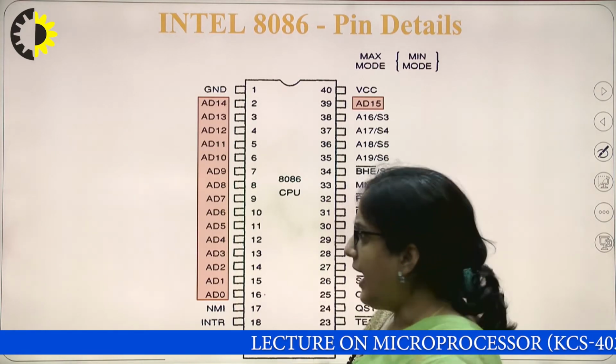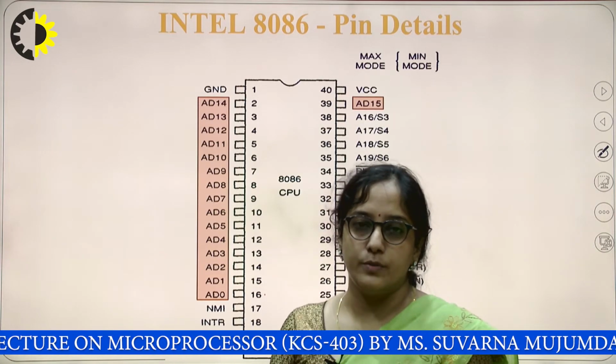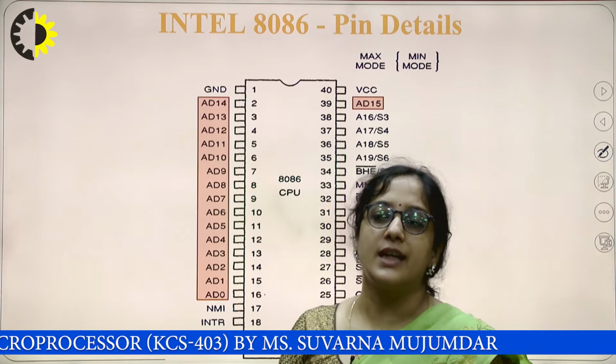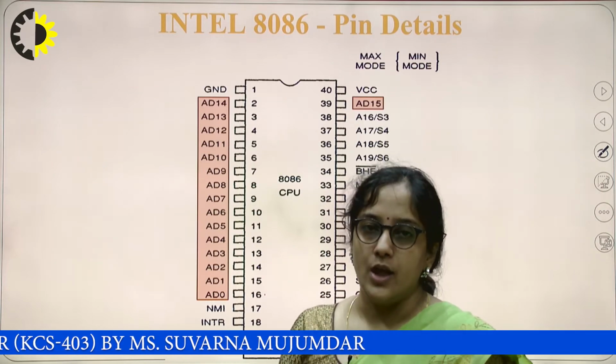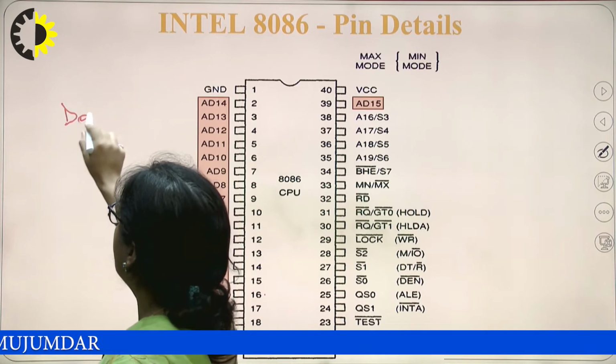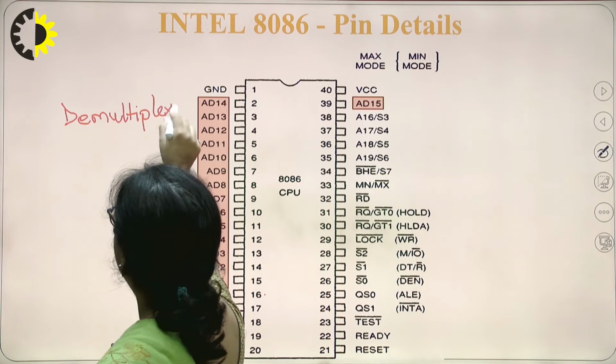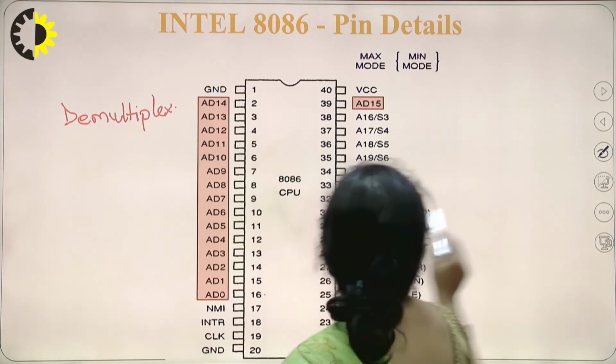But as you know, at a particular time we want the address to be on that particular line, and at another time we want the data to be there. So we need to demultiplex it.